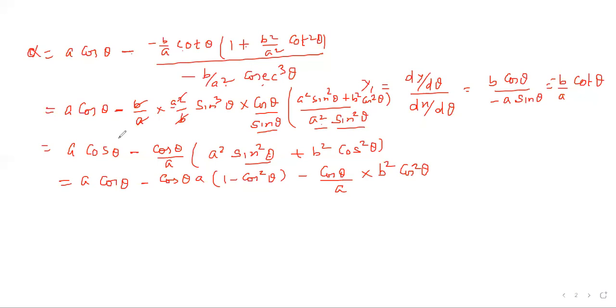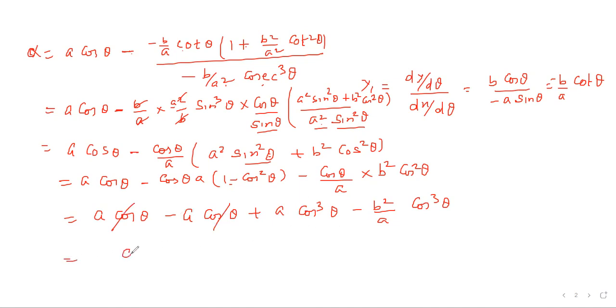So this will become a cos theta minus a cos theta plus a cos cube theta minus b square upon a cos cube theta. So we take LCM, these two terms will cancel out. So it will become a square minus b square divided by a times cos cube theta. So this is the value of alpha.